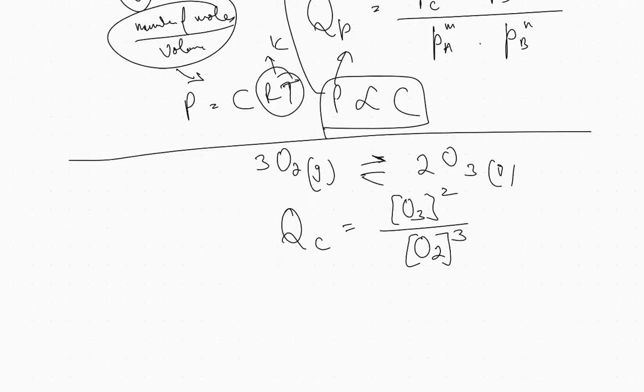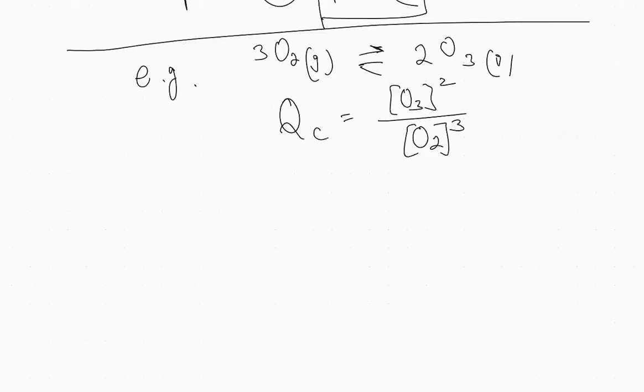So if you're going to express the same thing in pressure terms, right? So this time, P3 raised to the power 2 divided by P2 raised to the power 3. Okay, that's it.